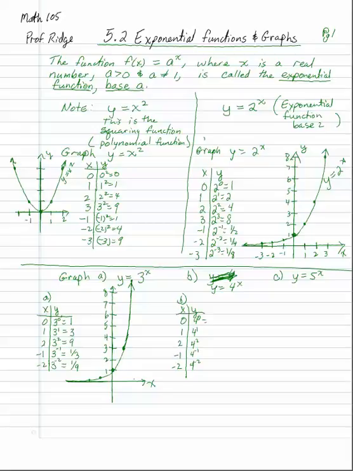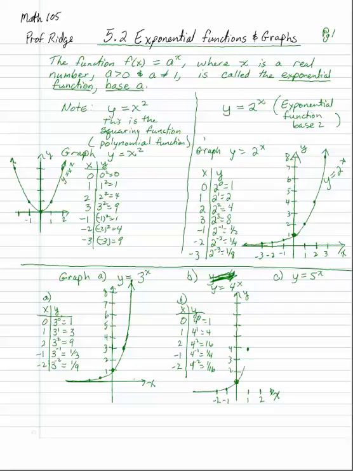So this is going to be 1, 4, 16, which I won't plot that one, 1/4, and 1/16. Okay, so we got 0, 1, 1, 4, 2 is off the chart there, negative 1 is 1/4, negative 2 is 1/16. So again, we have this asymptote here.